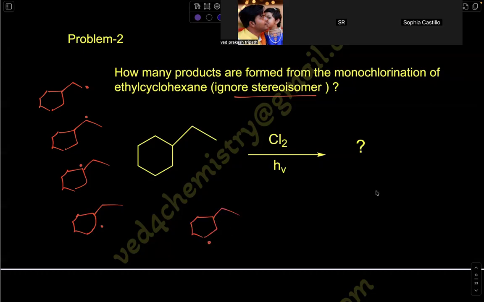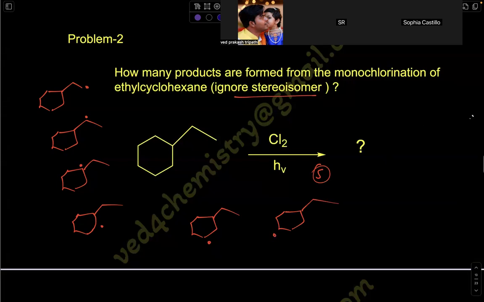So these are the possibilities we have. So overall, we have 5 products. Make sense? Oh, I think we have another one, this one. We have another one, this one. Clear?